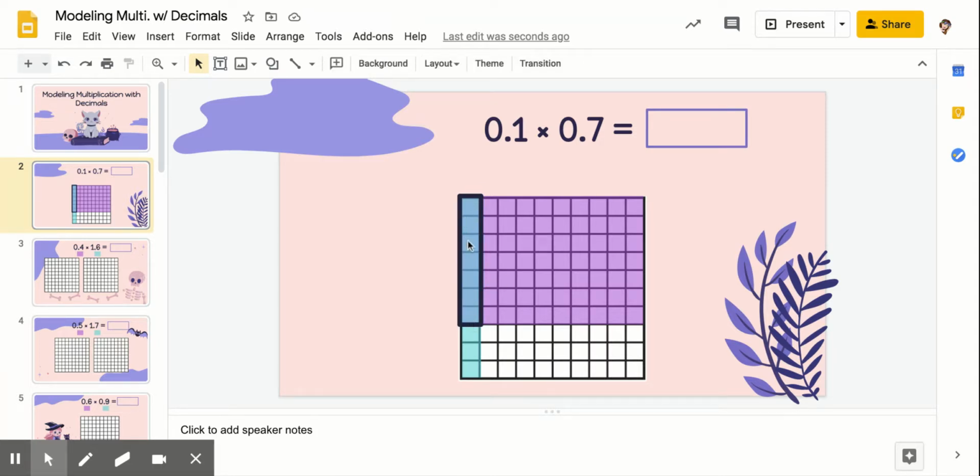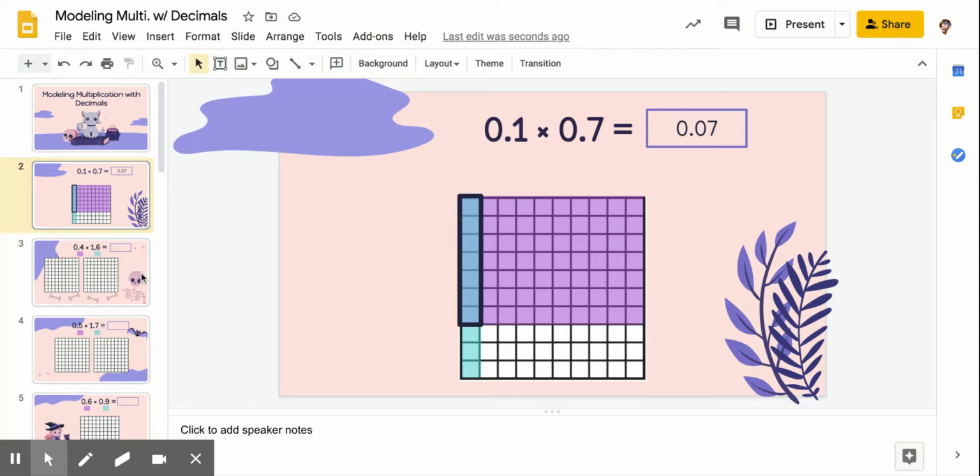So how many squares is that? I've got 1, 2, 3, 4, 5, 6, 7. 7 squares, but remember this is a hundreds grid, so it would be 7 hundredths. So our answer would be 0.07. And that's how we model multiplication with two decimal numbers.